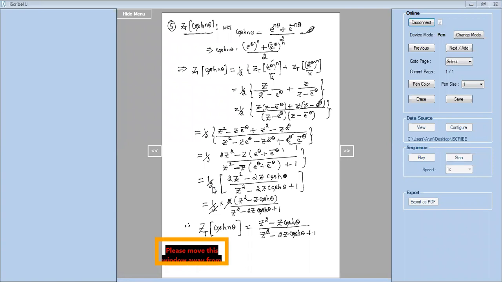So this is the z transformation of your cos h n theta. So this is how we can derive the z transformation of cos h n theta.